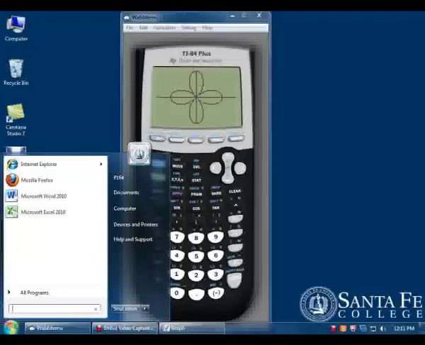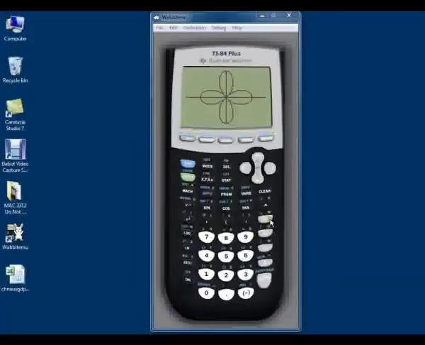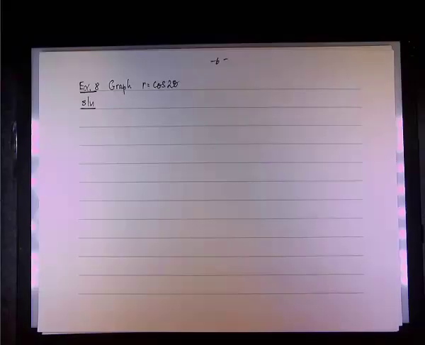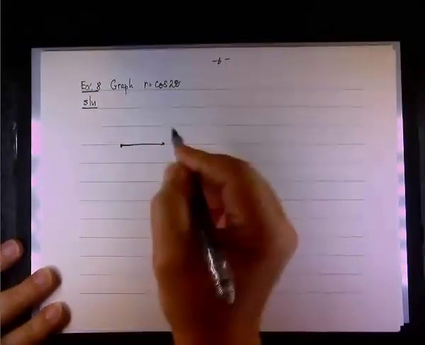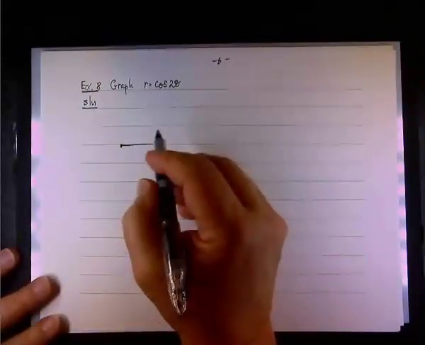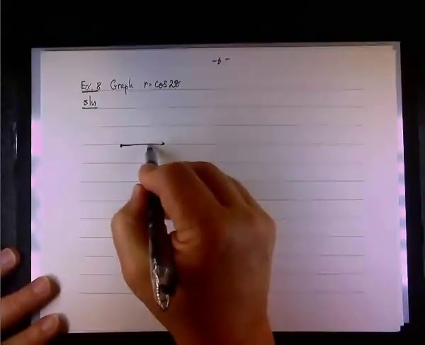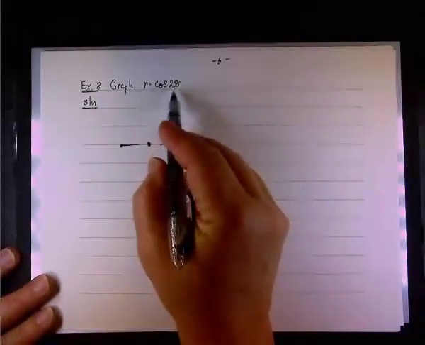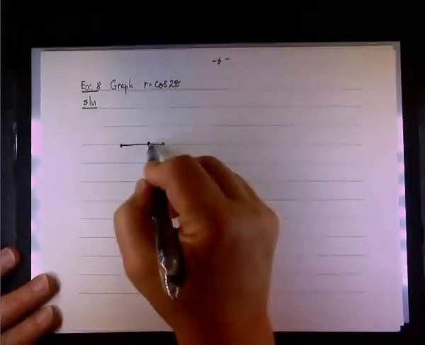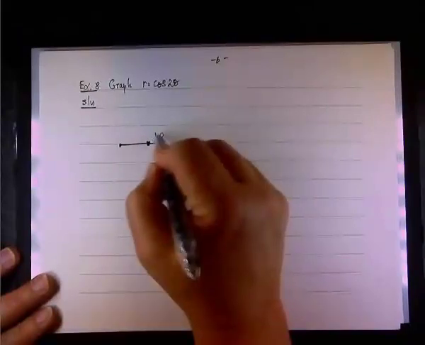Let me bring back the document camera. Here, let's sketch it quickly again, starting right here at theta equals 0. Our starting point: when theta equals 0, we have r equals 1, so this point was (1, 0).